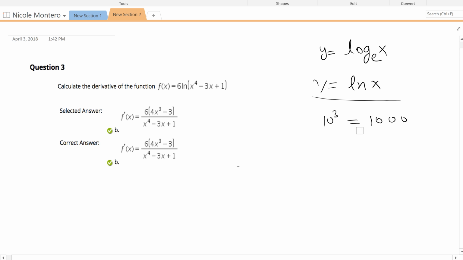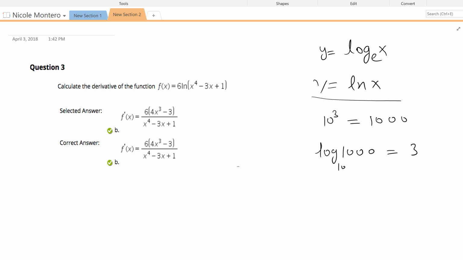Now, if you convert it to the log form, the log of 1,000 is gonna be 3, and the base is gonna be 10. Okay. So that's the definition.